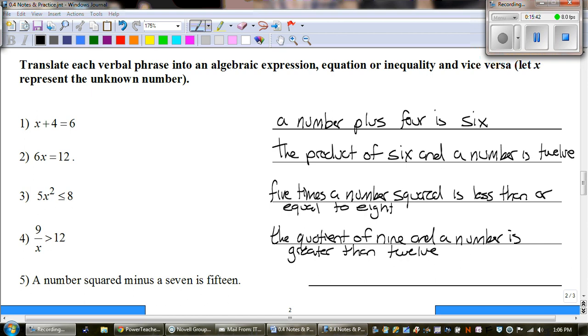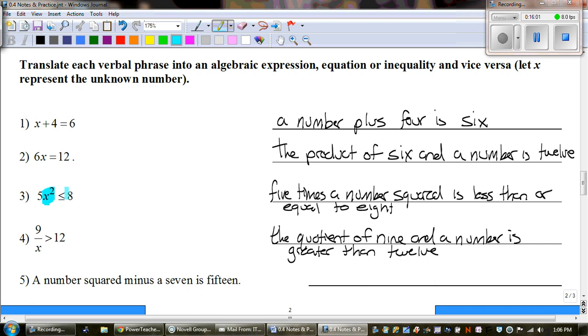Okay, so for number 1, we have a number plus 4 is 6. 2, the product of 6 and a number is 12. You could have also written 6 times a number is 12. Number 3, I know we had a lot of trouble with this one in class.